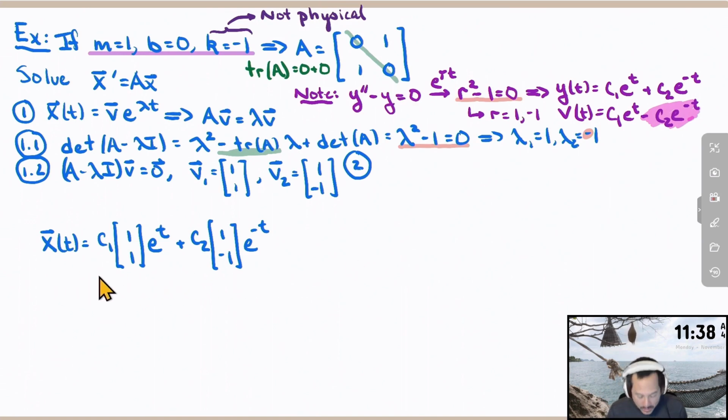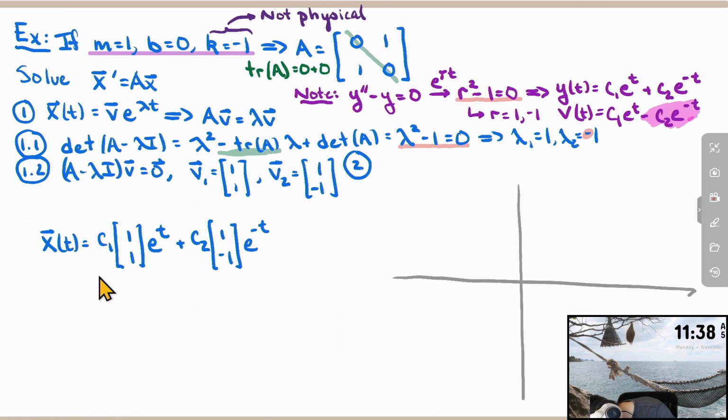What we want to do over here on the right-hand side is graph this solution in the x, y plane. I look at my A matrix, I go upper left times lower right, which is 0, minus lower left times upper right, which is negative 1.